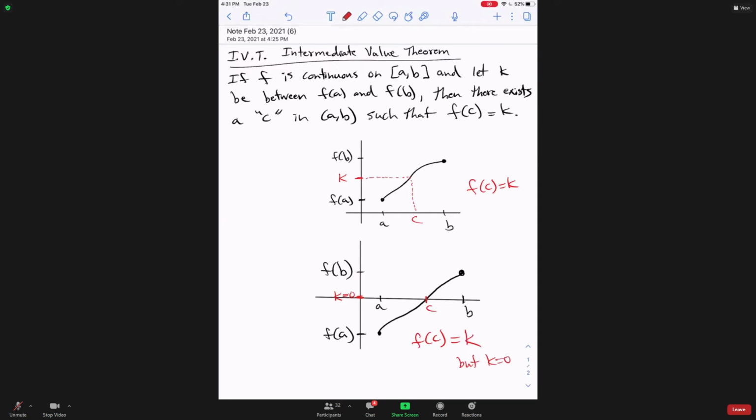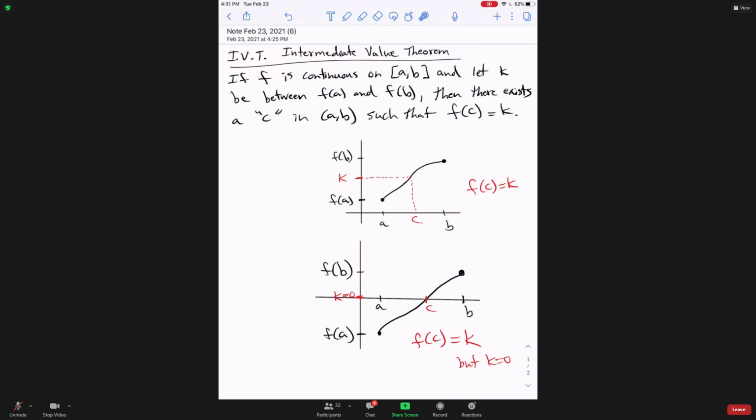So when k equals 0, if f(a) is below 0 here and above 0 here, there has to be some value c where f(c) equals 0. That's how you're guaranteed a solution, 0. But it's not always the case where k equals 0. k could be some other number. It just has to be between f(a) and f(b). Then you're guaranteed some value c that's in between.